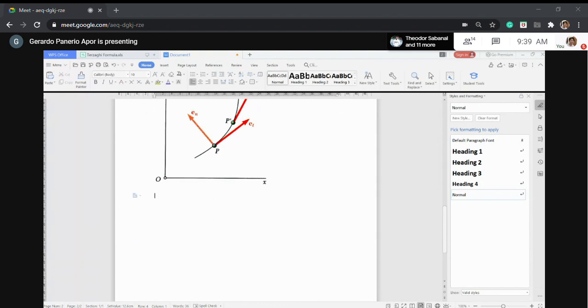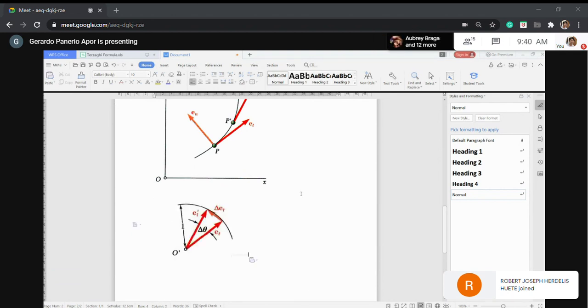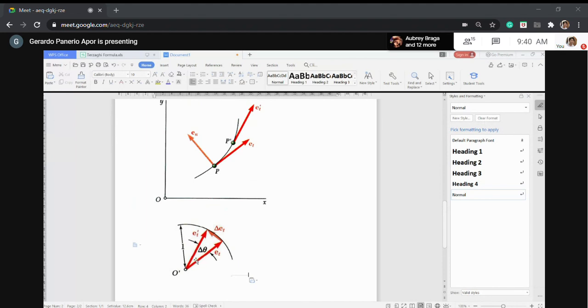In fact, if we are going to plot e t and e prime t, it becomes like this, just to show the change of angle, delta theta, that there is really a change, as you go to P prime.